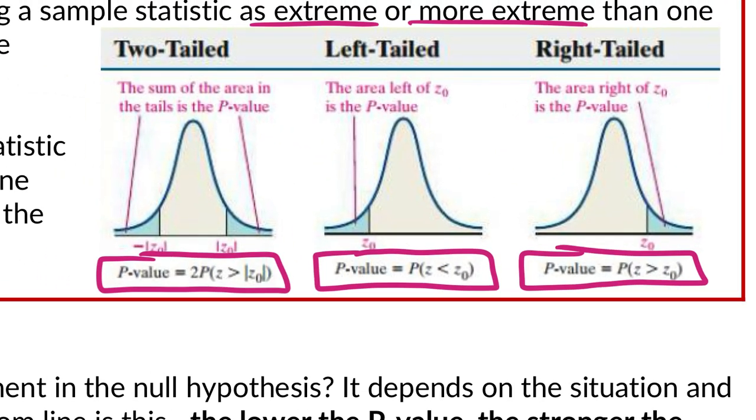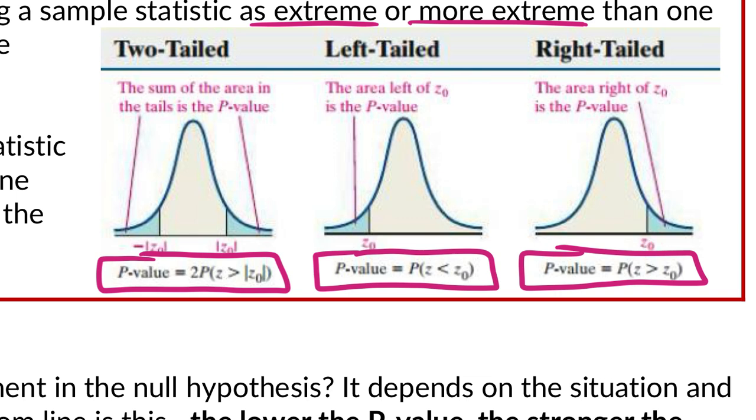The first one says that in a two-tailed test, we find the p-value by doing 2 times the probability that our z-score is greater than the absolute value of the z-score of the null hypothesis. So absolute value is the main idea here. If we're doing a left-tailed test, we're looking at the probability that our z-score is less than the z-score from the null hypothesis. And for a right-tailed test, we switch that to a greater than, which makes sense.